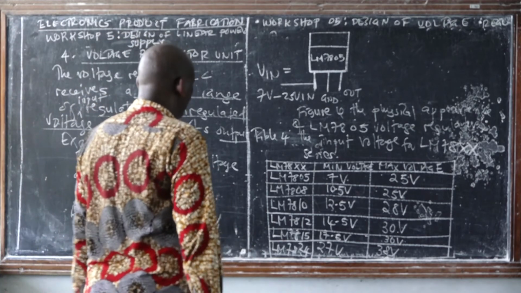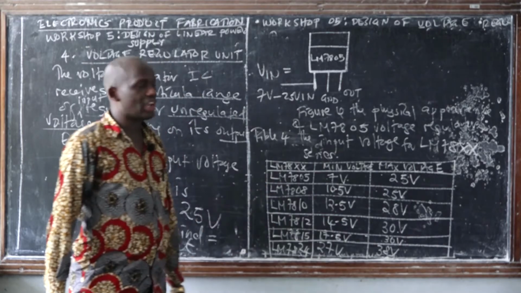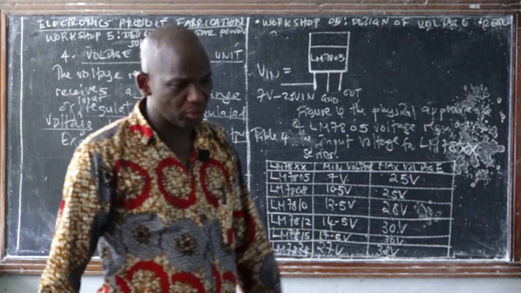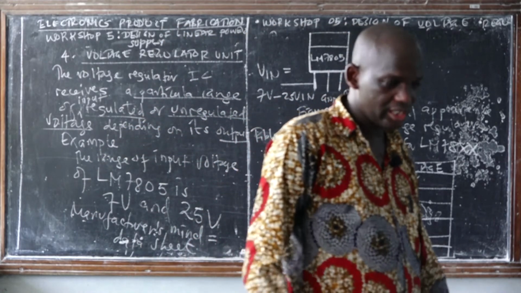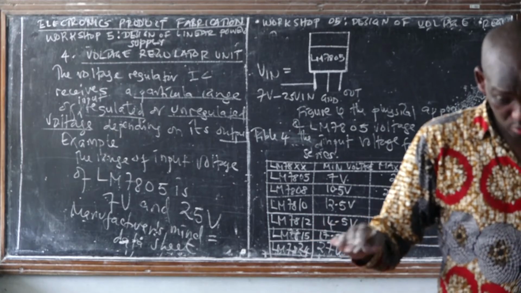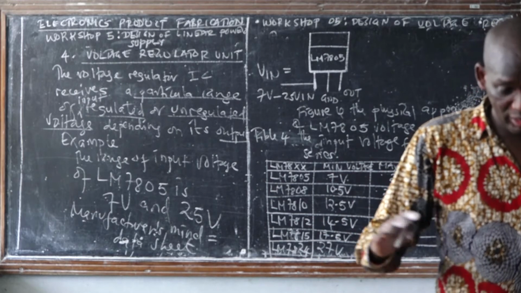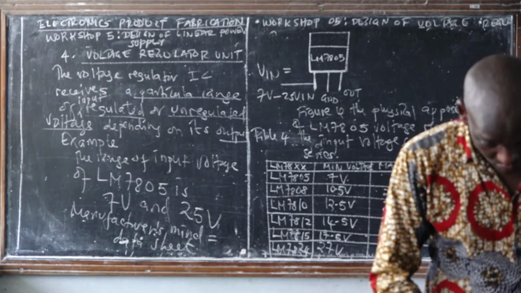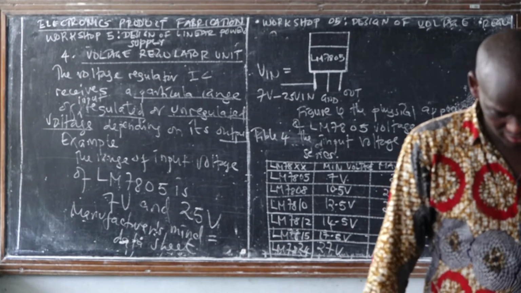Okay, so I've given you an example. You have to go and find the remaining voltage regulators, because I've mentioned almost 18 voltage regulators to extend your learning capacity. Possibly you have met only one voltage regulator, which is LM 7805, and you saw this is enough.